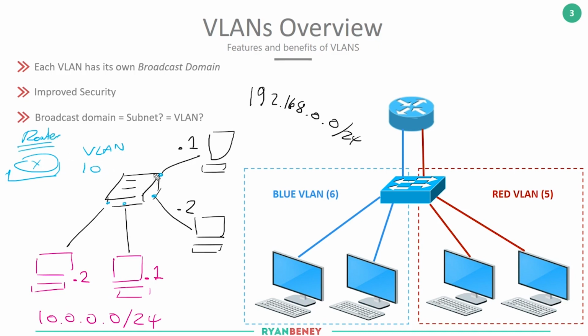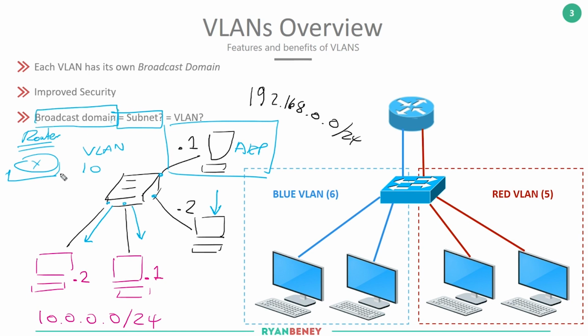What this does mean though is any traffic, let's say this PC sends out an ARP looking for the MAC address of this PC, that ARP will be flooded towards these 2 devices. Obviously they won't do anything with it because they're on a different subnet. But the idea here is to thoroughly understand that a subnet doesn't necessarily mean a broadcast domain, but 99% of the time it does.